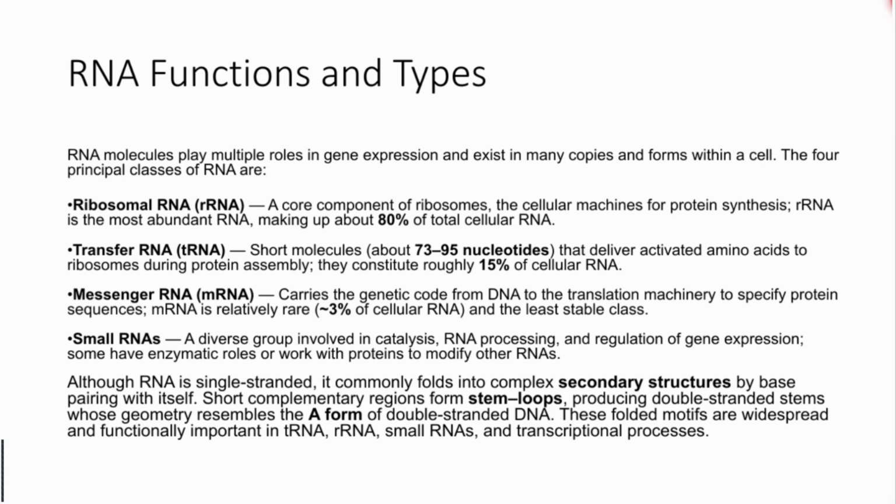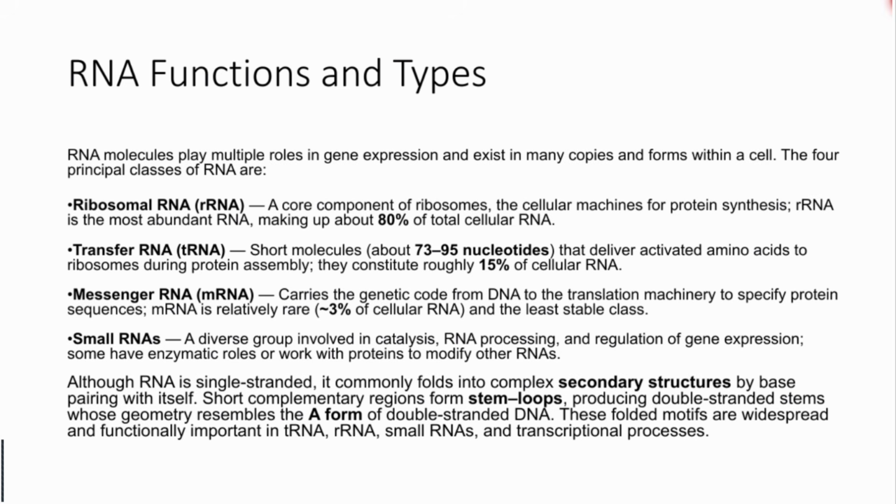RNA plays major roles in gene expression and exists in different copies and forms within the cell. There are different types of RNA, but these are the major types that we find. The ribosomal RNA is chiefly involved in protein synthesis and is the most abundant, making up about 80% of the total cellular RNA.